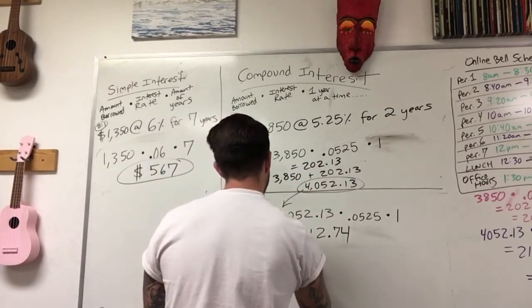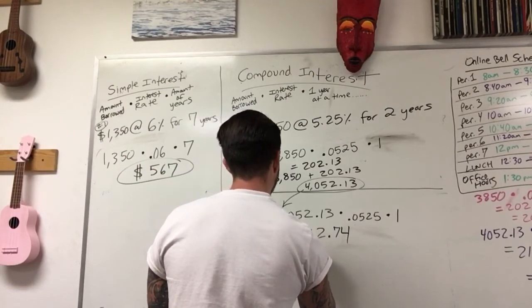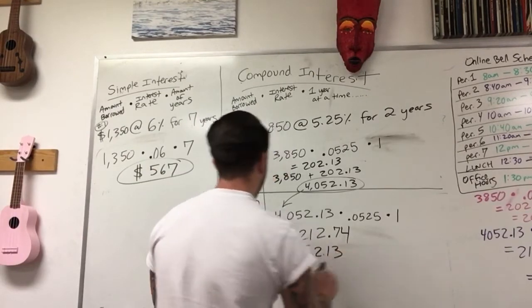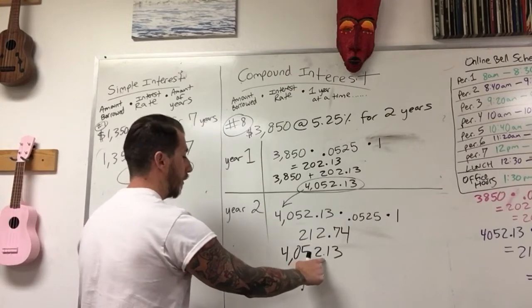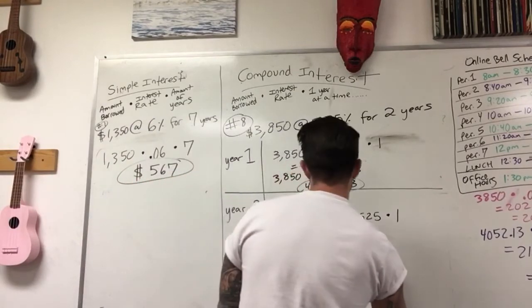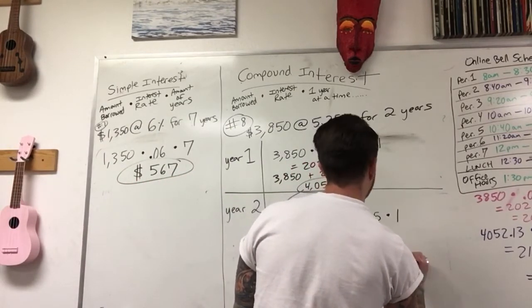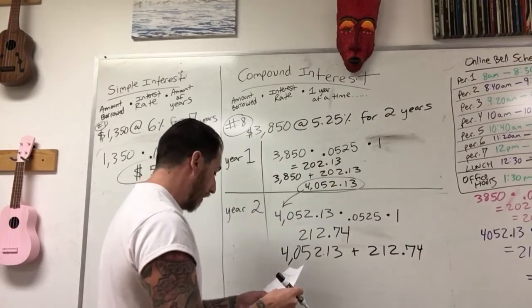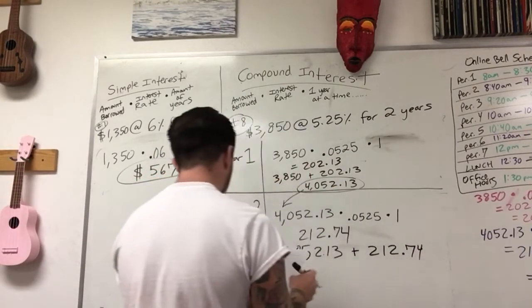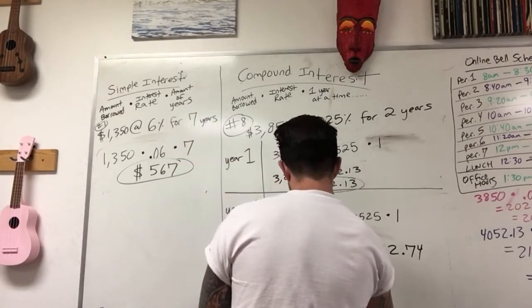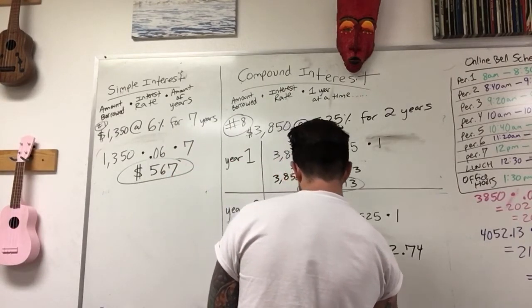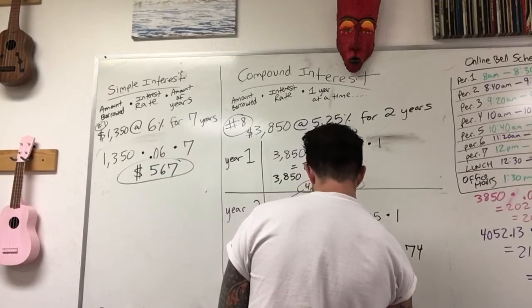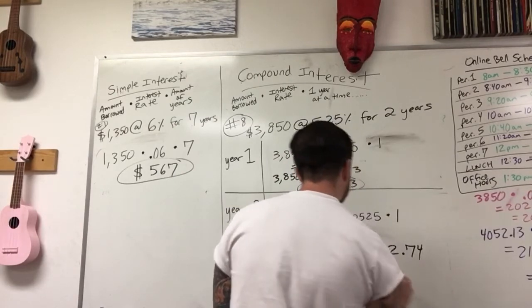Now we have to pay back our amount, $4,052.13 plus $212.74. When we do that, we're gonna get $4,264.87.